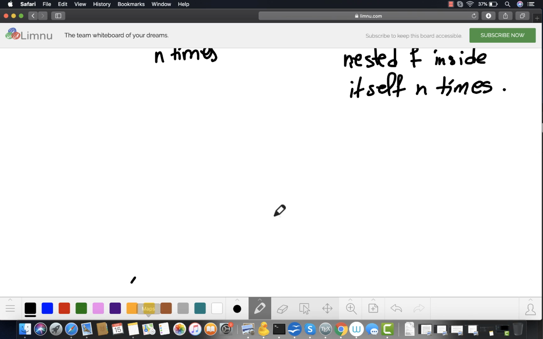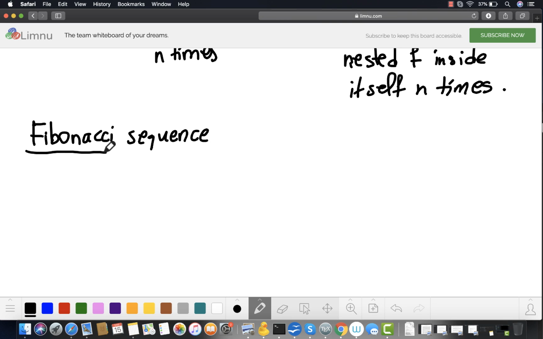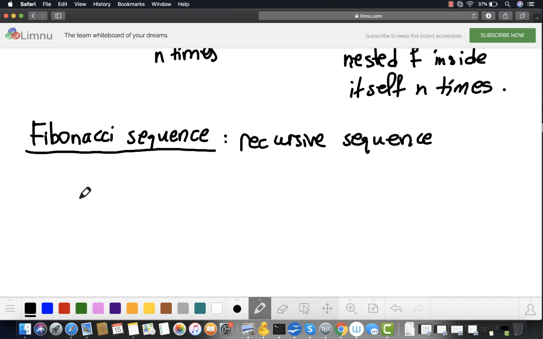So maybe I should give another example of a recursive sequence, and this is a very famous sequence known as the Fibonacci sequence. So what is the Fibonacci sequence? It's a recursive sequence, defined by specifying the first two values.